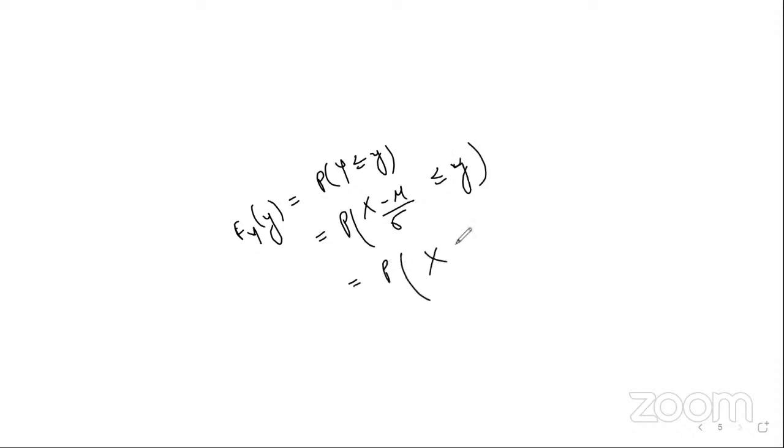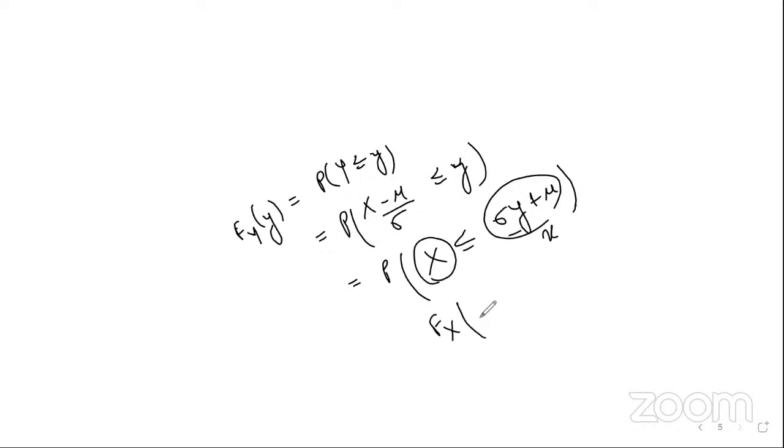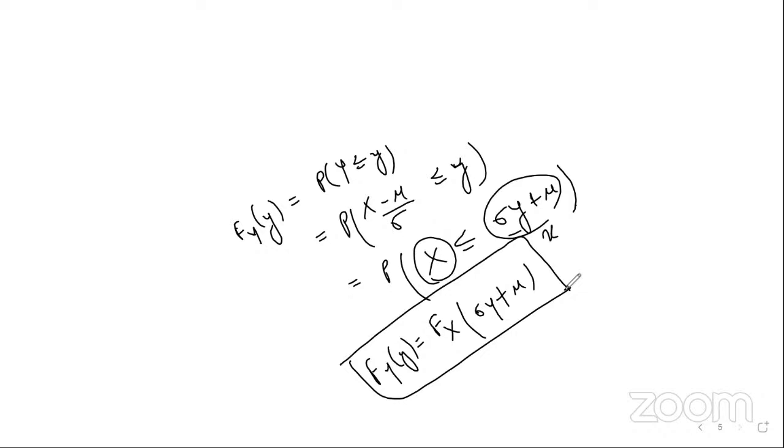And this you can write as probability x less than or equal to sigma y plus mu. So this is a random variable x. This you can write as Fx of sigma y plus mu. Okay, ma'am. Yeah, because this is some value, right? Yes, a lot of manipulation. Yes, and then 7, ma'am.